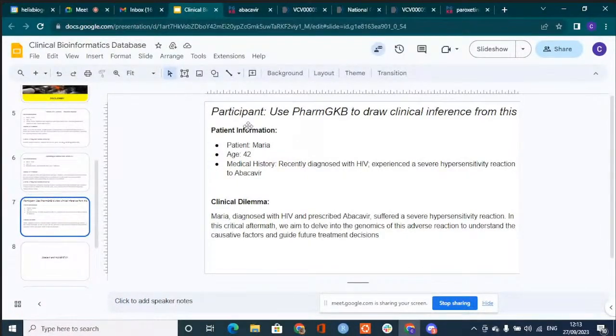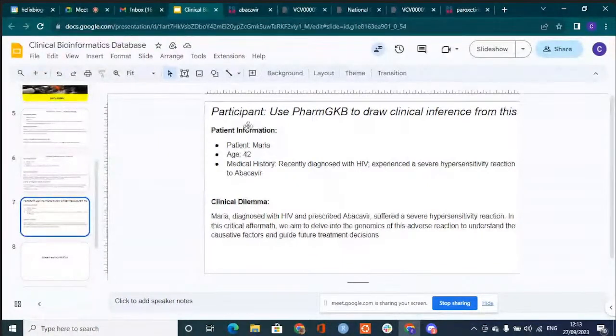So the next thing for the clinician to do is to go into clinical bioinformatics databases to make some decision about what could be wrong with this patient. Why is she allergic, showing an inflammatory response to Abacavir?